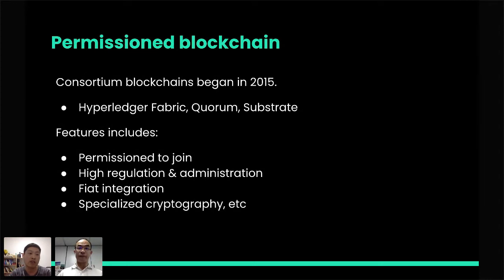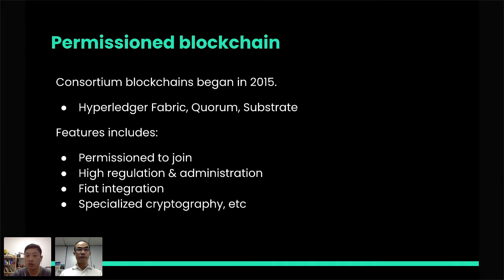Now let's switch our focus to permission blockchain. This also has another name, which is consortium blockchain. It gained its traction beginning in 2015. There are a few frameworks or technologies behind this field. One is Fabric, which was originally built by IBM and contributed to the Linux Foundation, and it's under the Hyperledger group.